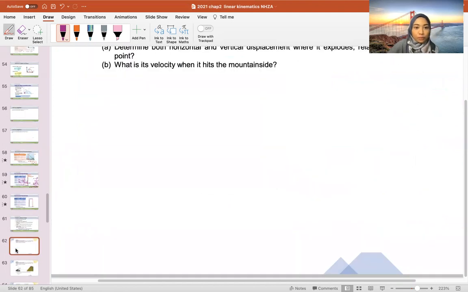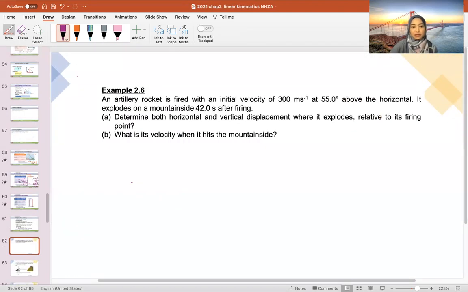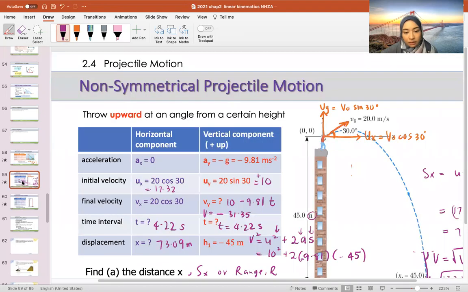Okay, so now we go for our first exercise. I want everyone to try this one. Yes, any questions? The time to reach the ground is 4.22 seconds. Thank you, Doctor.